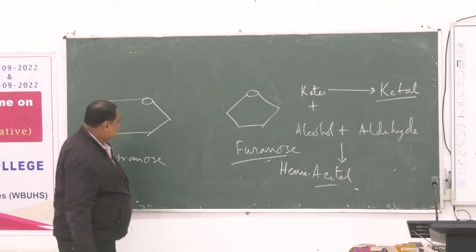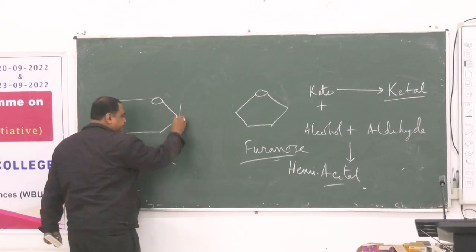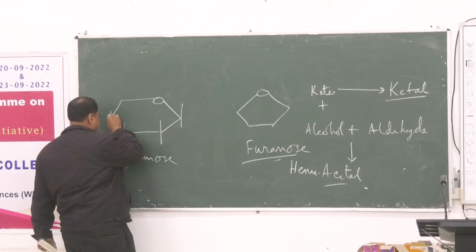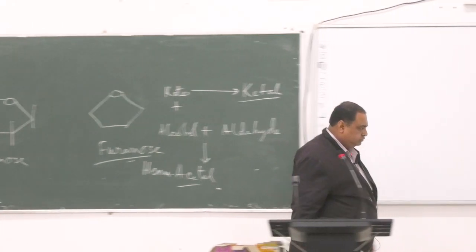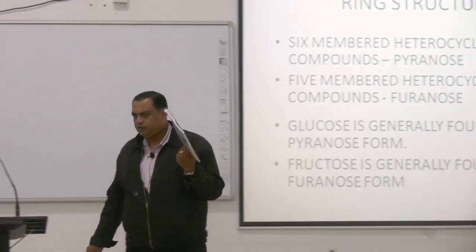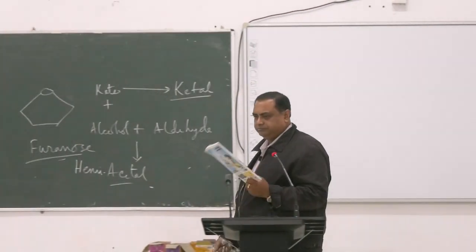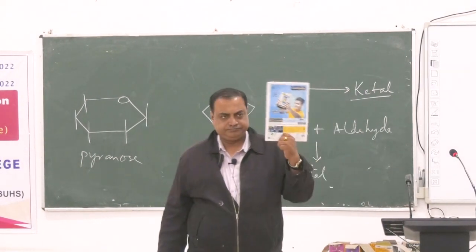Fine. So suppose this is a glucose molecule. Although this is not identical or actual, but imagine this to be a six-membered ring.